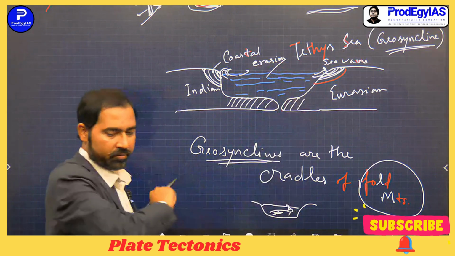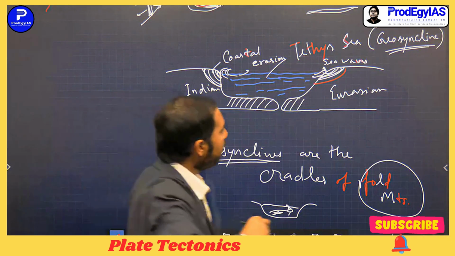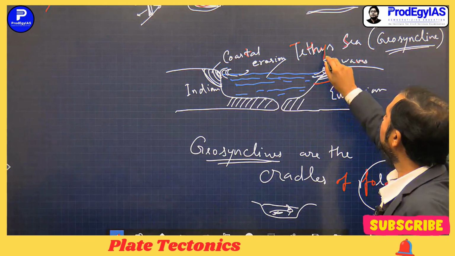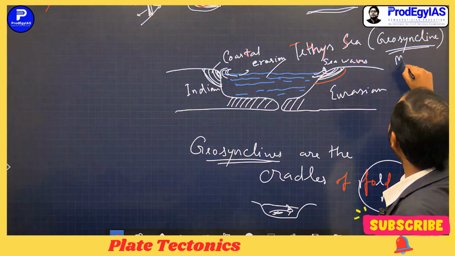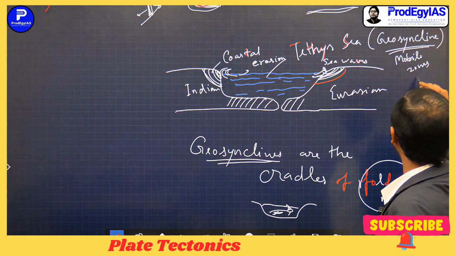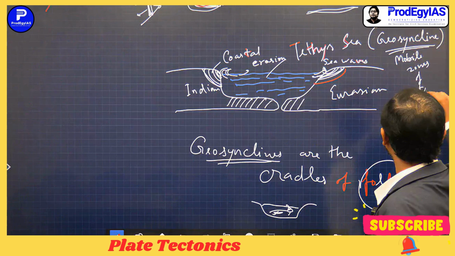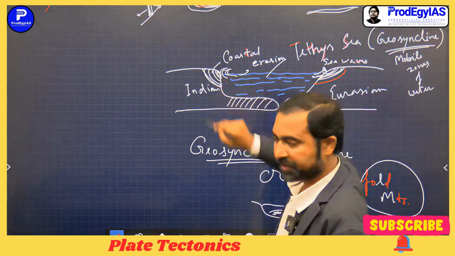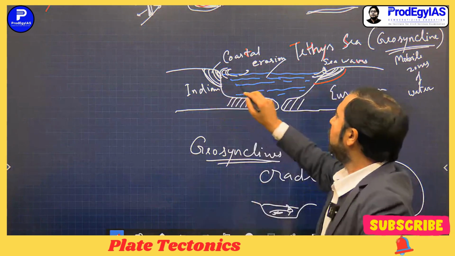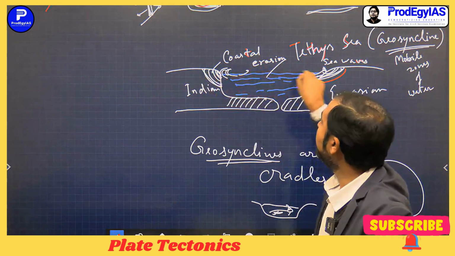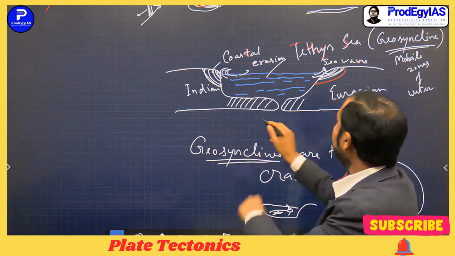Because these are geosynclines, they have mobile zones of water. Okay. So these sea waves, which are originating here in this Tethys, will erode away the coastal regions bit by bit. And what is happening?